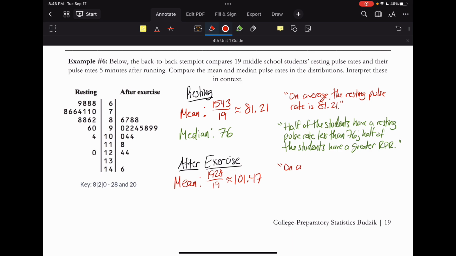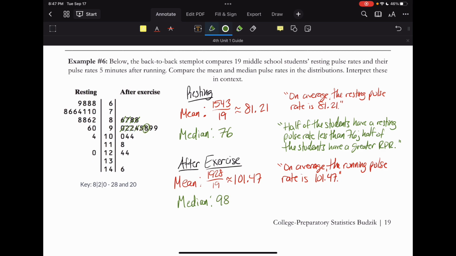So interpreting that, on average, the running pulse rate is 101.47. And to find the median, I again want to find the 10th data point because that's in the middle of 19. So going in order, 1, 2, 3, 4, 5, 6, 7, 8, 9, 10.